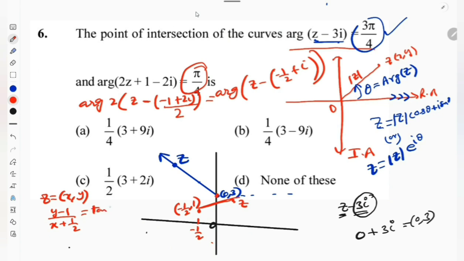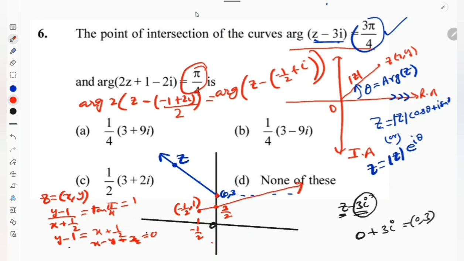Tan pi by 4 is 1. So the equation will be y minus 1 equals x plus half, that means x minus y plus 3 by 2 equals 0. So the x-intercept will be minus 3 by 2 and the y-intercept will be plus 3 by 2. Somewhere here you have 3 by 2. Joining these two, you will have a ray.